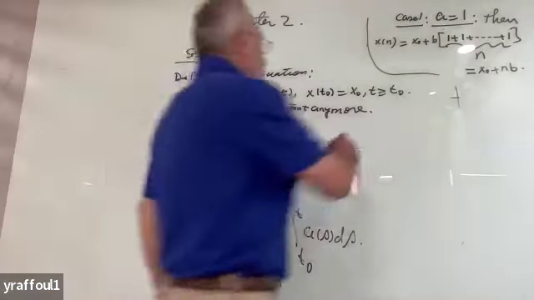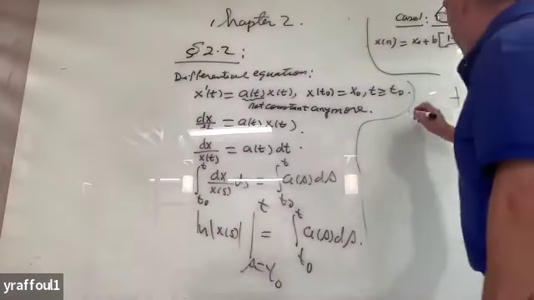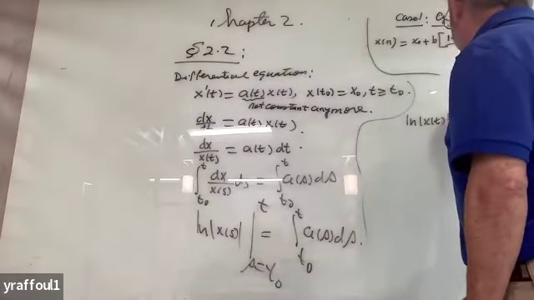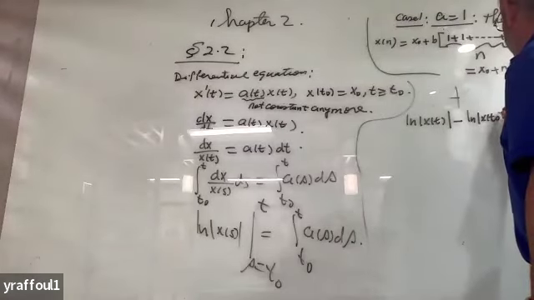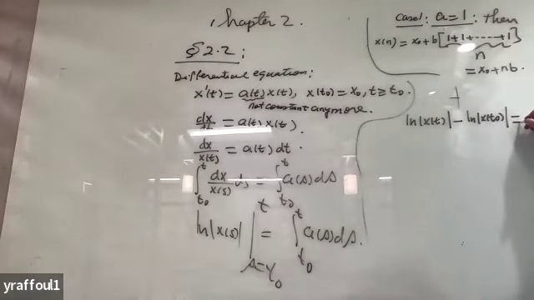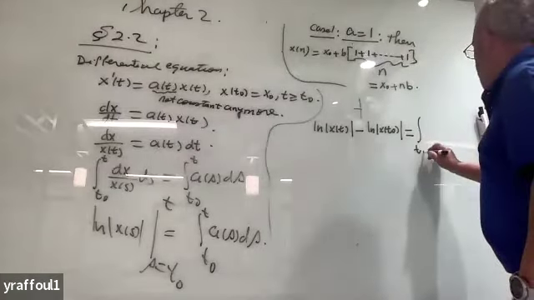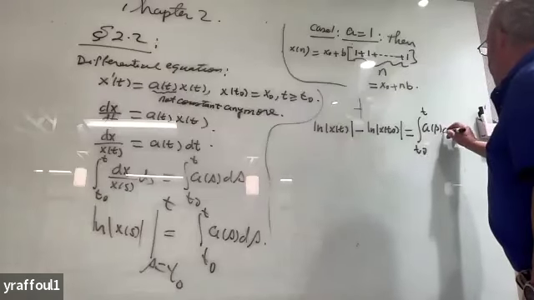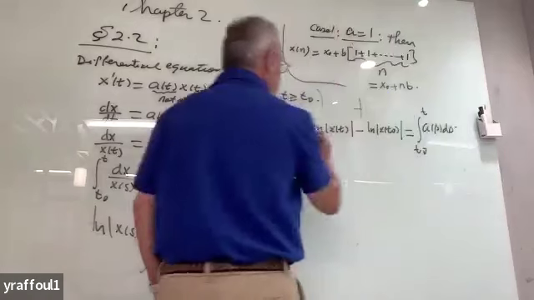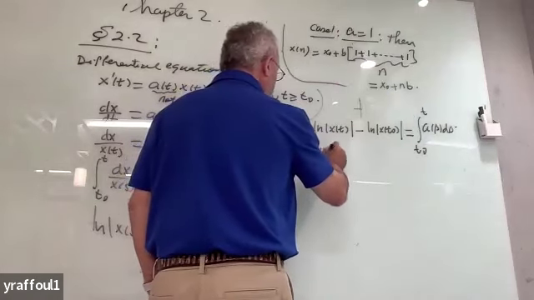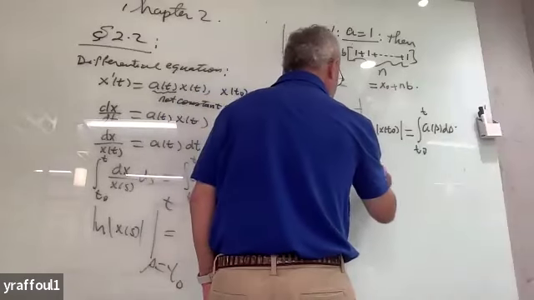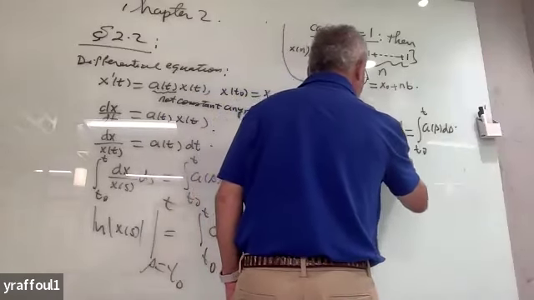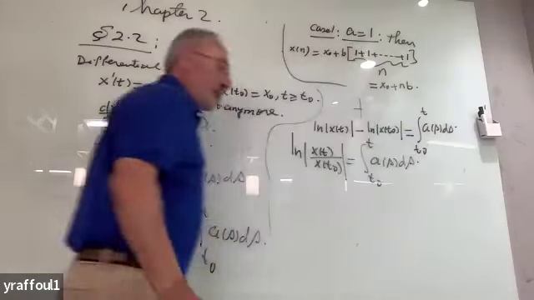Okay, so I have ln of x(t) minus ln of x(t0) equal to the integral from t0 to t of a(s) ds. So again, this is ln of x(t) over x(t0) equal to the integral from t0 to t of a(s) ds.